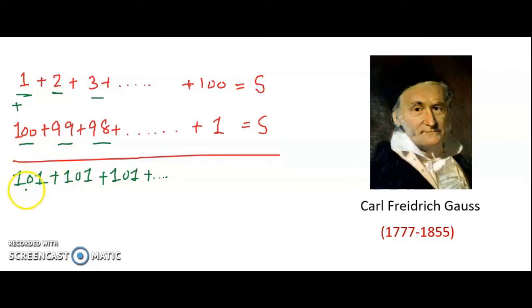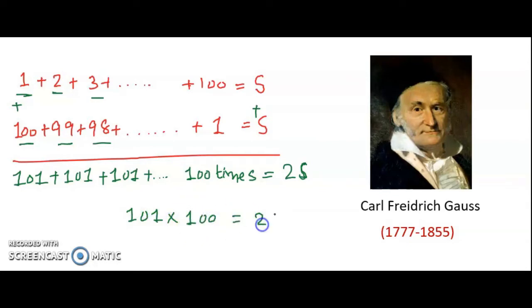So you will get 101 as the addition of all these numbers. How many times will you get 101? There are a total of 100 numbers, so you will get 101 100 times. And on this side S plus S, so you will get 2S. Now 101 is 100 times, so we can write 101 multiplied by 100 equal to 2S.